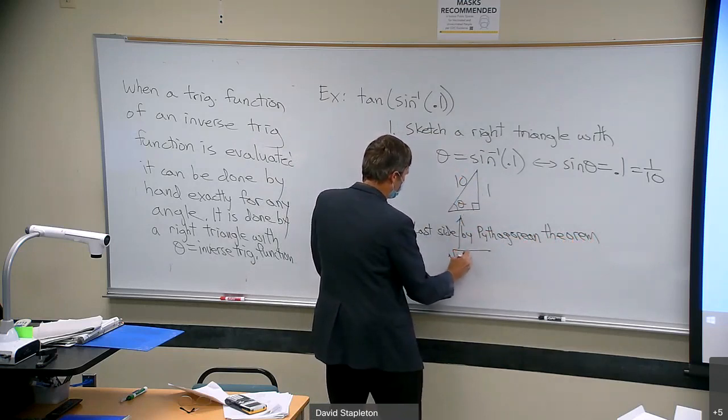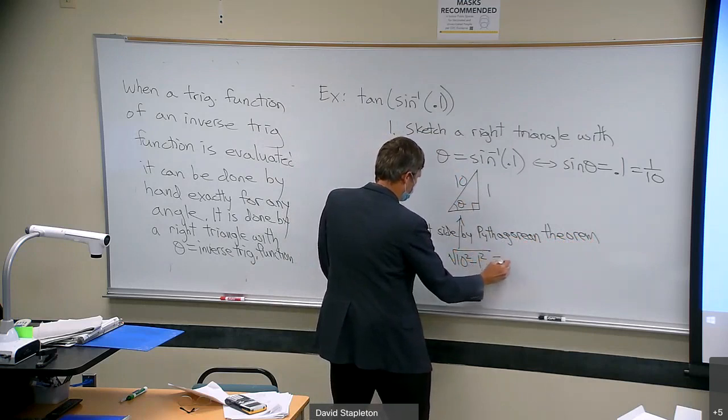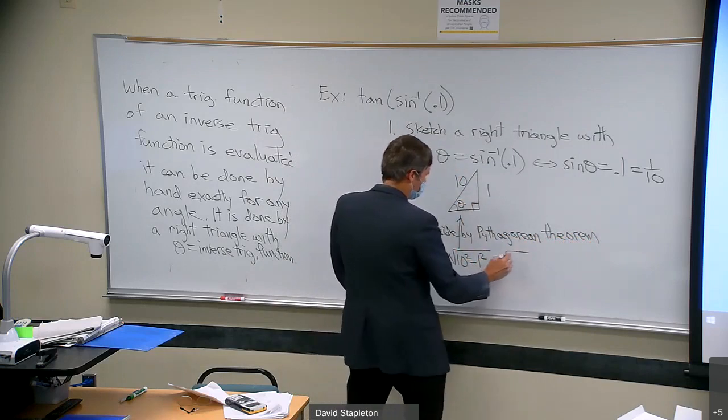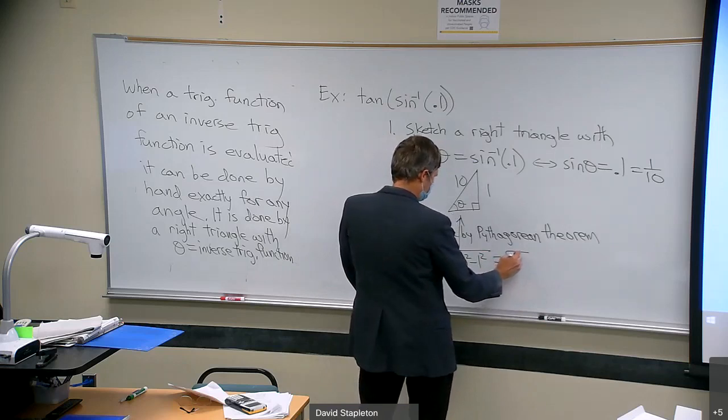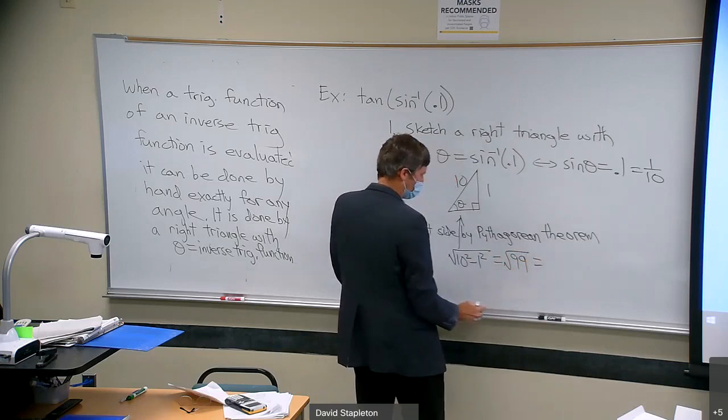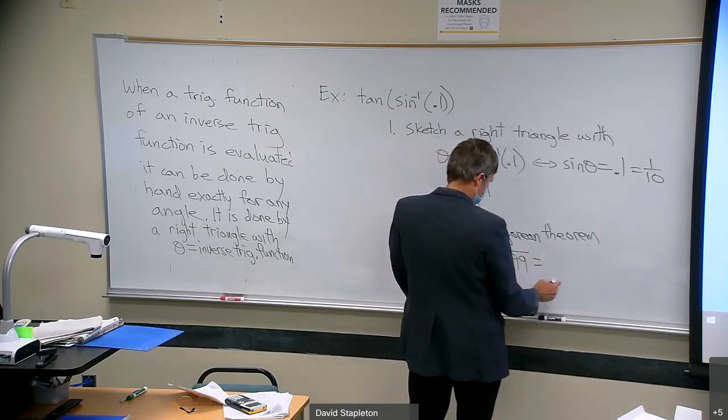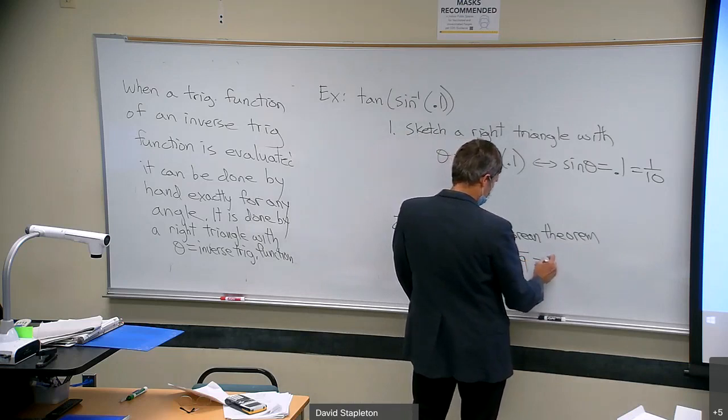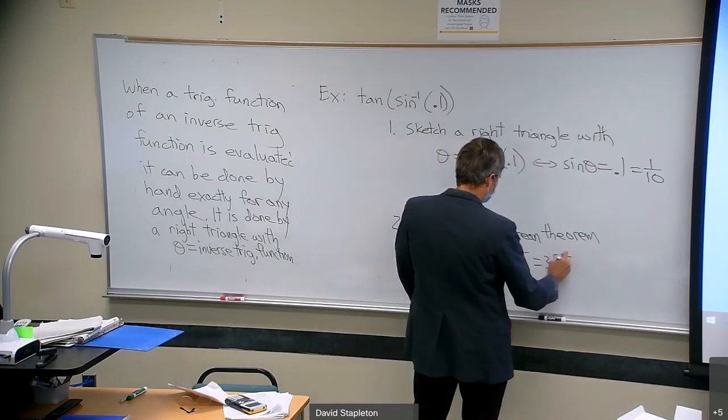The Pythagorean theorem solved for the last leg is the square root of 10 squared minus 1 squared, which is the square root of 99. Or, right, this is 9 times 11. So we could call this 3 square root 11.